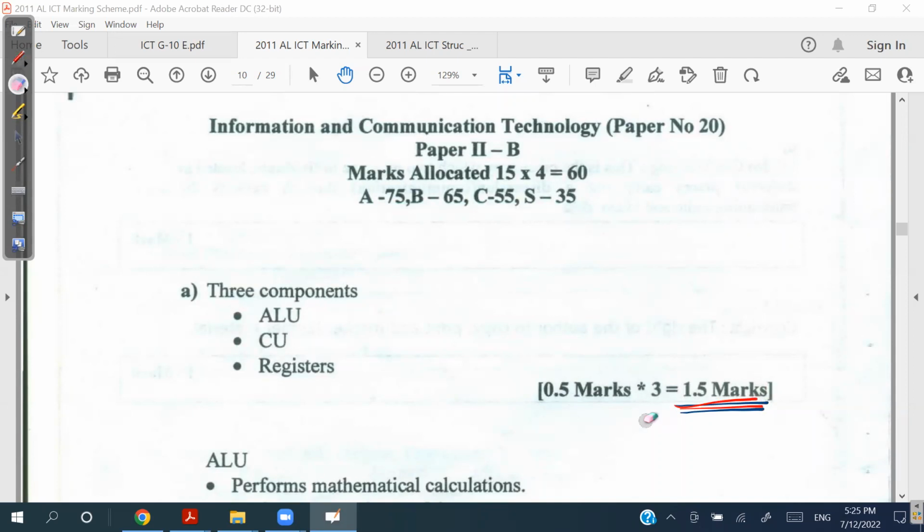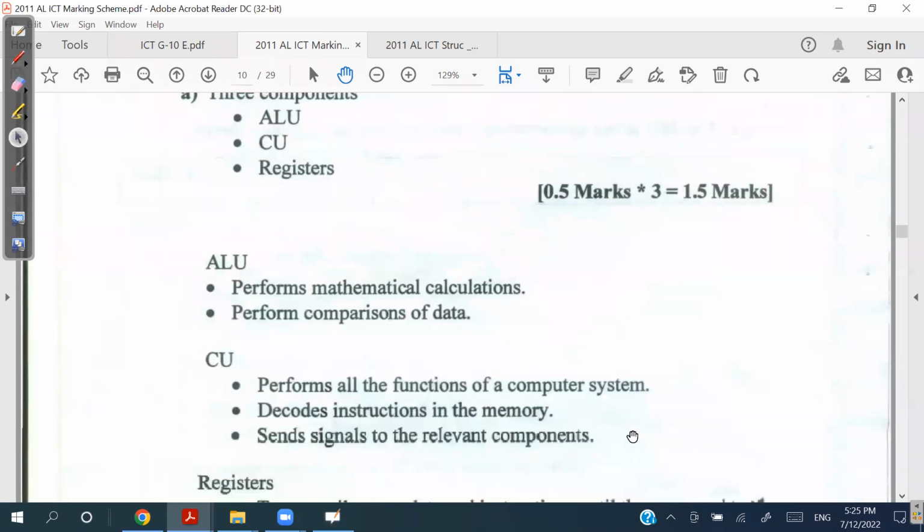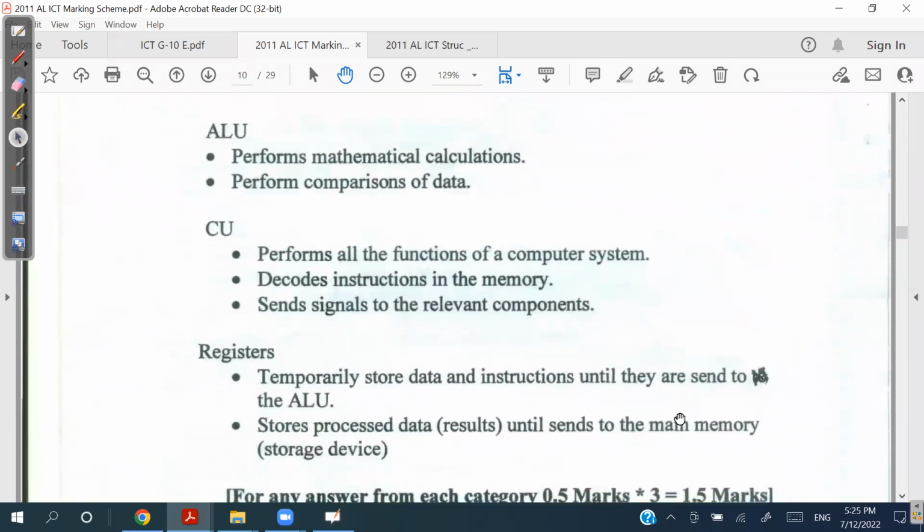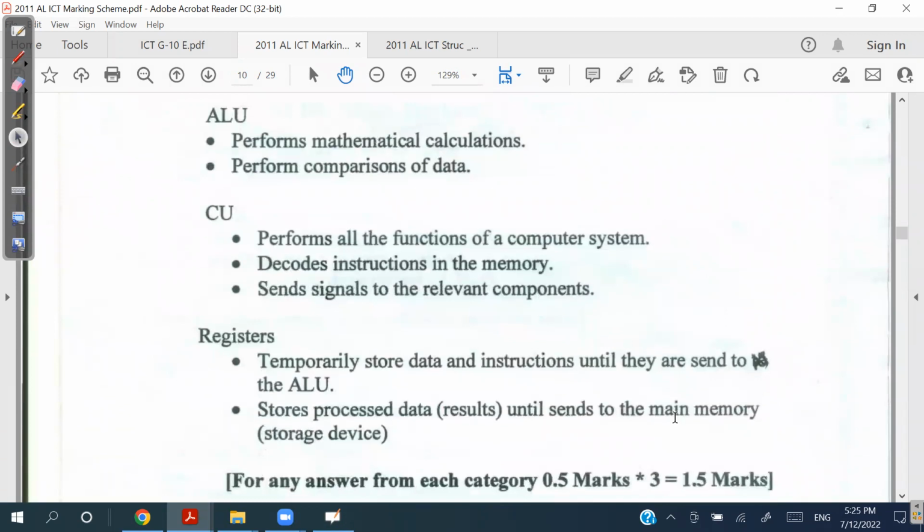And the definition, so like the explanation of it. ALU should have this idea: performs mathematical calculation and performs comparison of data. That idea should be there, right?